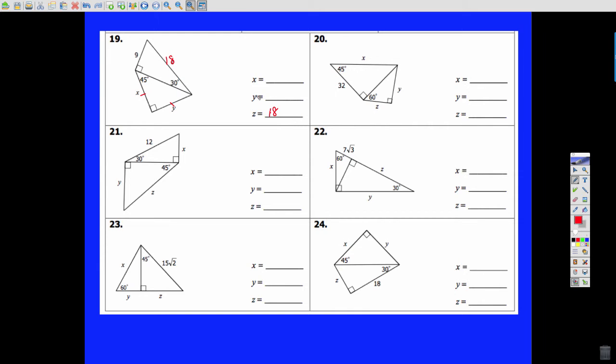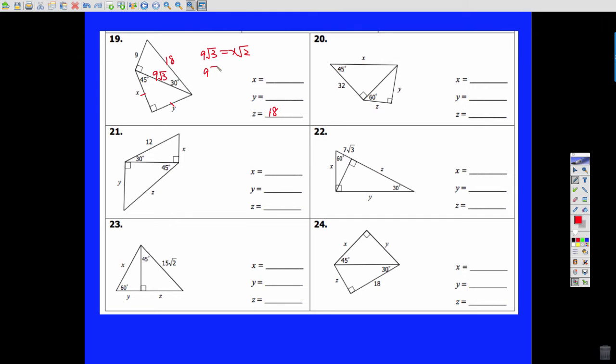So if I know this is 18, I can calculate the longer leg in the 30-60-90. That's root 3 times the short leg, so that would be 9 root 3. If I now come down to this right triangle, I have 9 root 3 there, and we know that in this special right triangle, the hypotenuse equals root 2 times the leg.